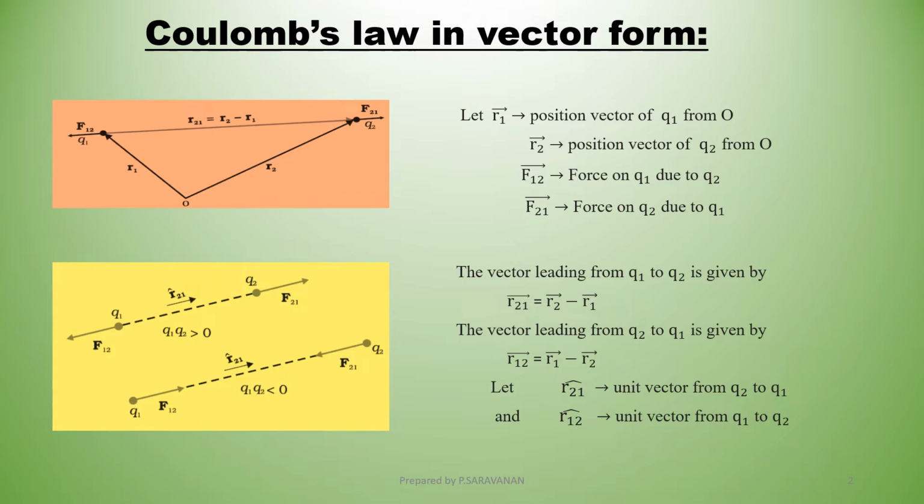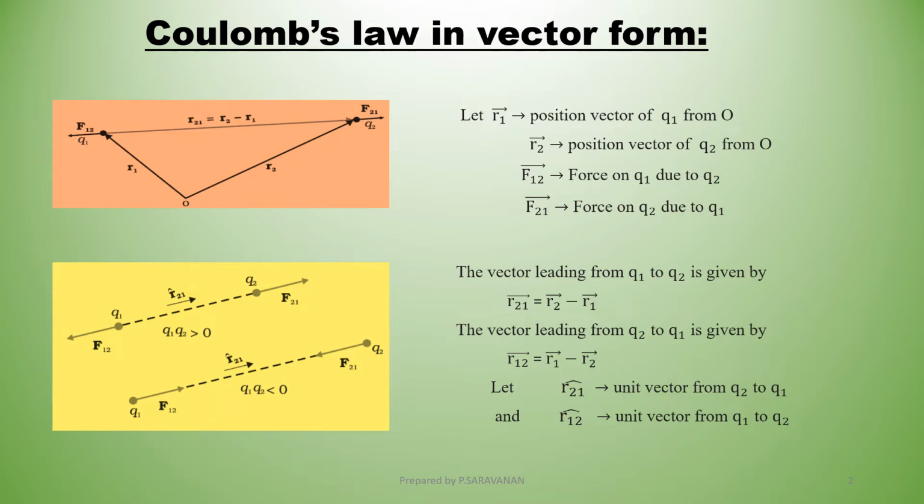In the second picture below, can you see that the 2 point charges Q1 and Q2 repel each other? Yes, this is because Q1 and Q2 are like charges. Both may be positive or both may be negative, such that the product of Q1 and Q2 must be positive, which is greater than 0.